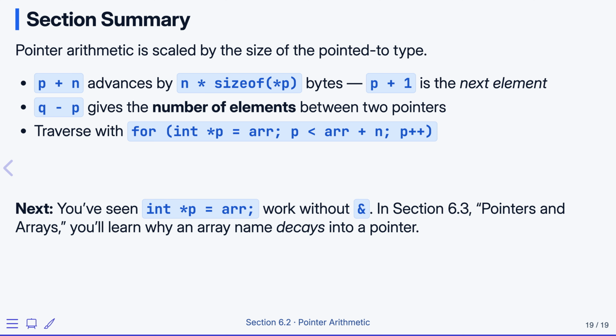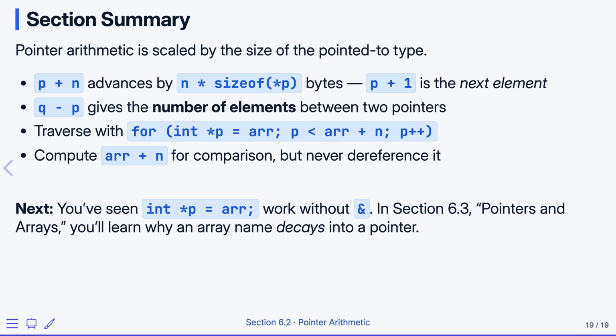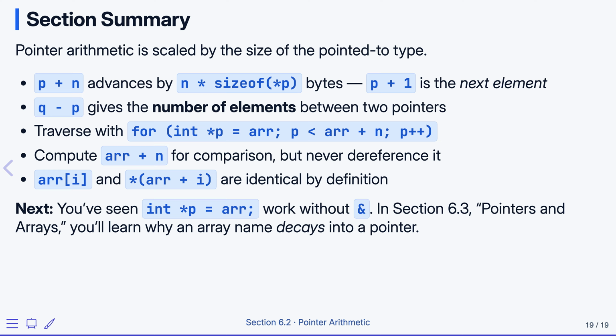You may compute r + n for comparison, but never dereference it. And r[i] is identical to *(r + i). You have seen int *p = r work without an ampersand. In section 6.3, Pointers and Arrays, you will learn why an array name decays into a pointer to its first element.